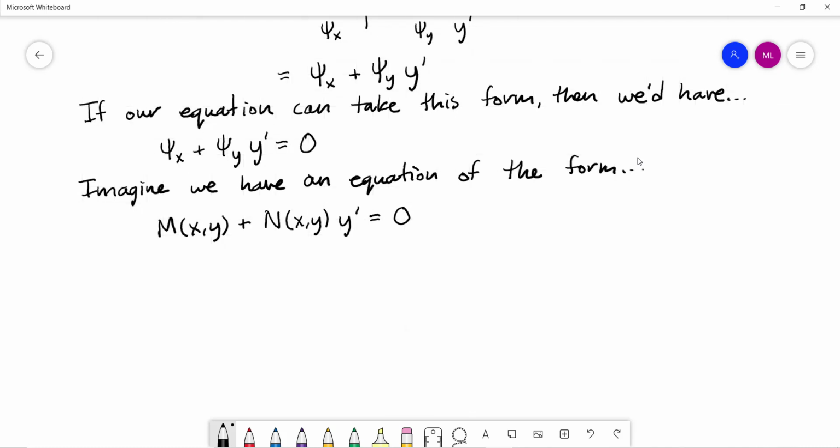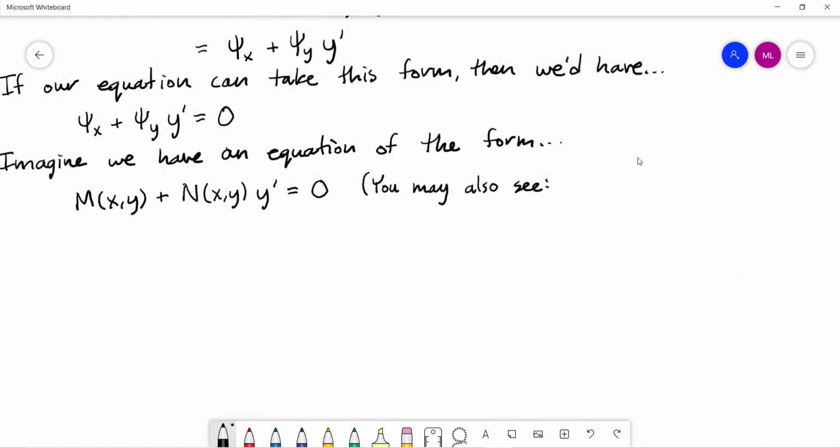And note that this may also be rewritten. You may also see something where the differentials are split. So instead of seeing y prime, I would multiply the whole thing by the dx in the denominator of the y prime, and you may see this written as m of x comma y dx plus n of x comma y dy equals 0.